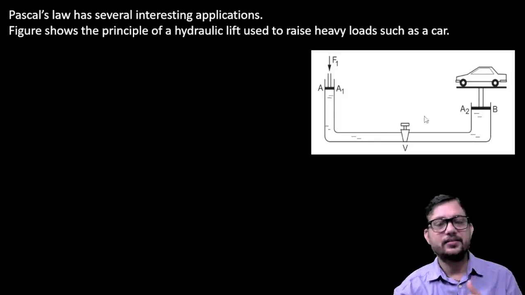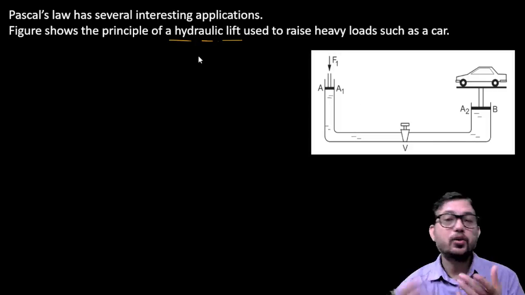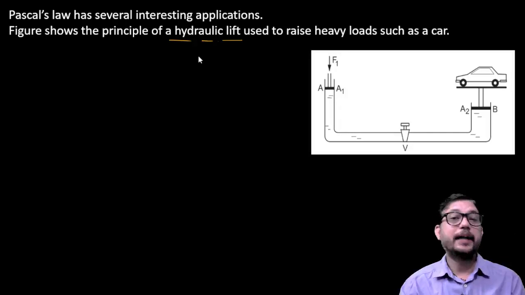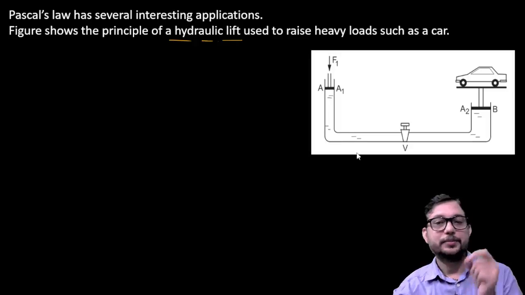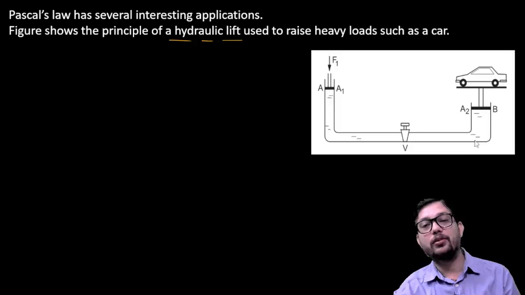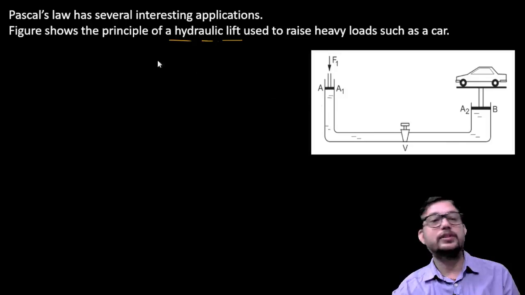As you can see in the picture, we have a hydraulic lift. Hydro means fluid. It means by using a fluid we make a lift which is used to raise heavy loads such as a car. The basic thing is that this is your column, or we can say a U-shaped structure, and in that structure whatever fluid is there is at rest.